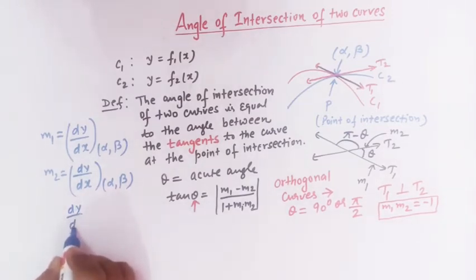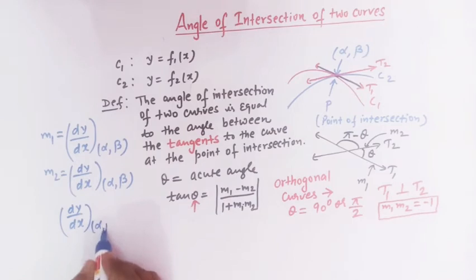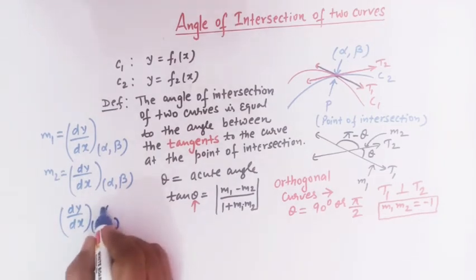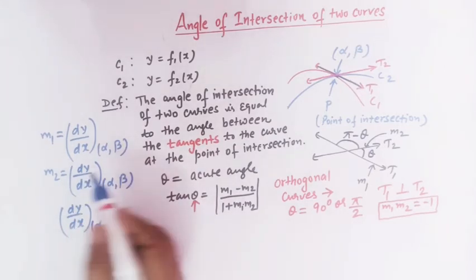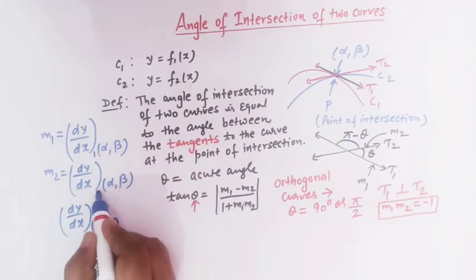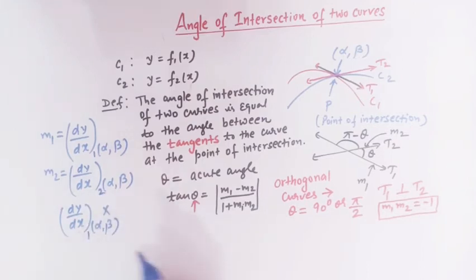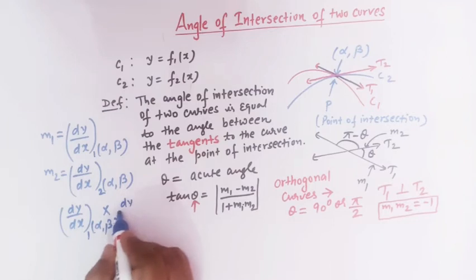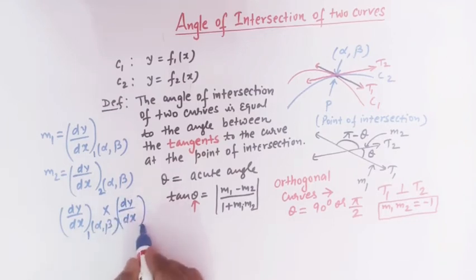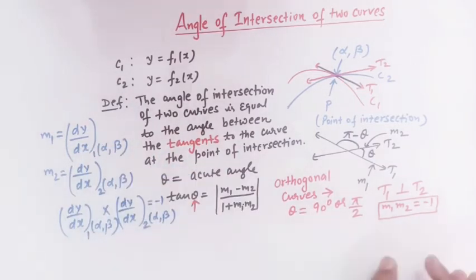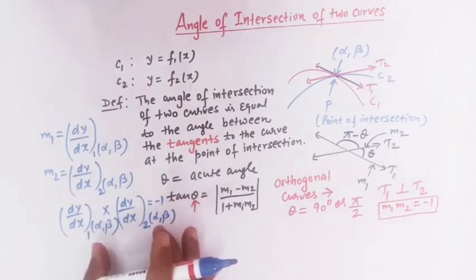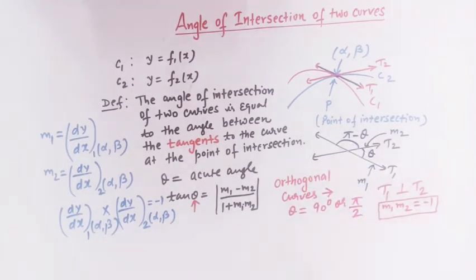So we can write dy over dx at the point alpha comma beta multiplied by, here we have again dy over dx, this is the slope 1 and this is the slope 2. So (dy/dx)1 multiplied by (dy/dx)2 at alpha comma beta is equal to minus 1. So the product of the two slopes should be equal to minus 1, so that the two curves intersect orthogonally.